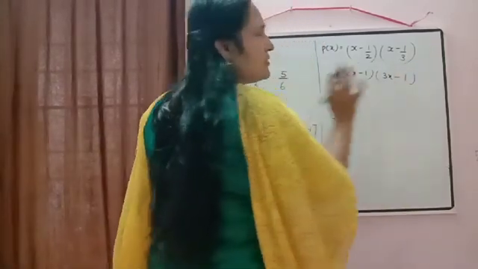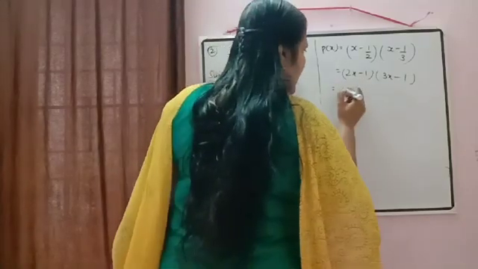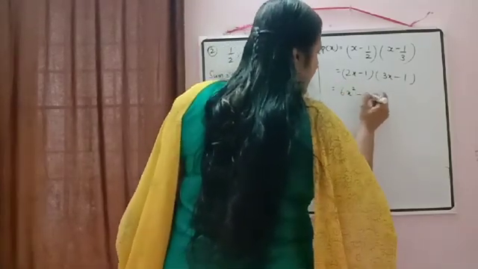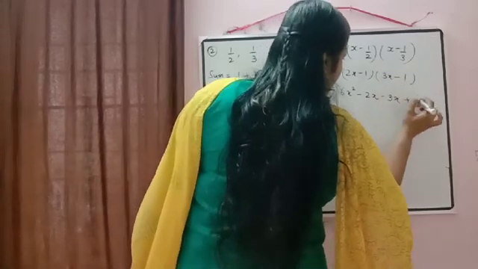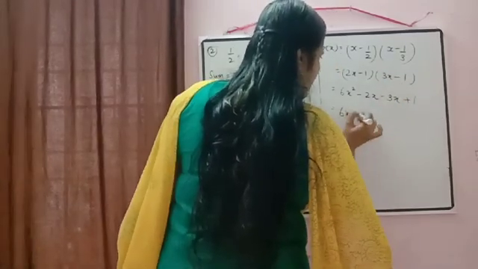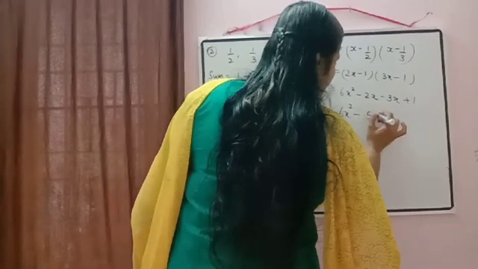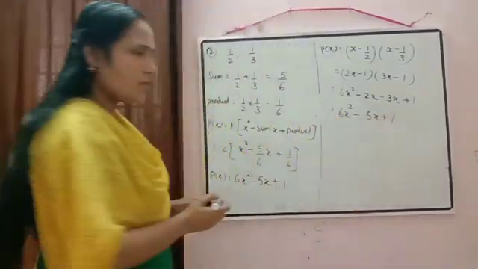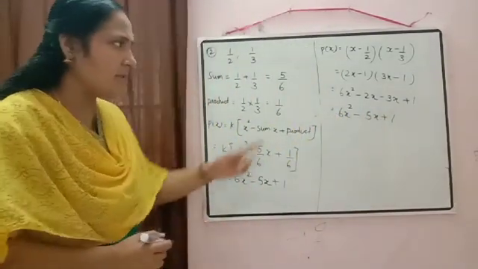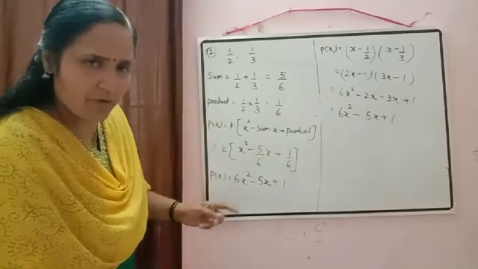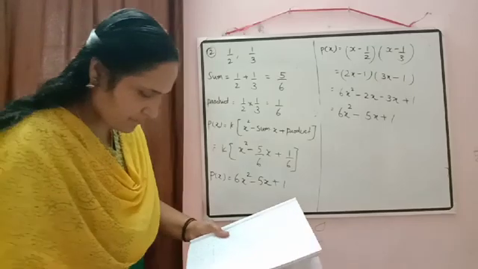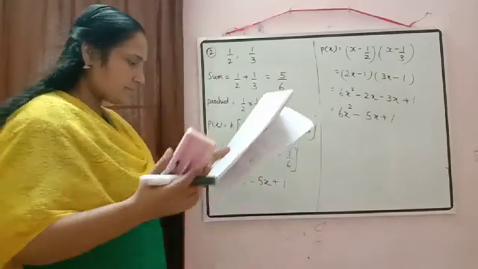After that, just do the multiplication. Then we will get here 6x square minus 2x minus 3x, minus into minus will be equal to plus. So 6x square minus 5x plus 1. So whatever method you are using, answer will be same only. So in which method you feel confident, use that method. Okay. Write down the next one.